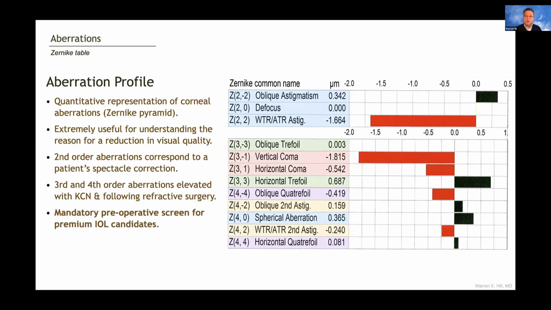So I would tell you that this is mandatory preoperative screening for premium IOLs, such as diffractive multifocal IOLs, extended depth of field lenses, and some of the other lenses we'll be learning about in the years to come. And it's an important part of evaluating all patients with prior refractive surgery, because this corresponds exactly one-to-one with what patients are trying to tell you.